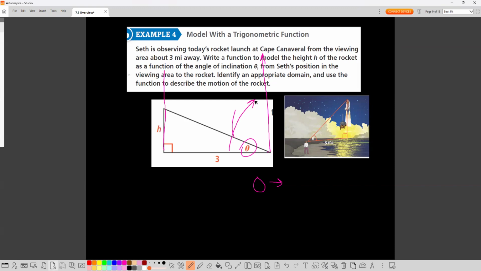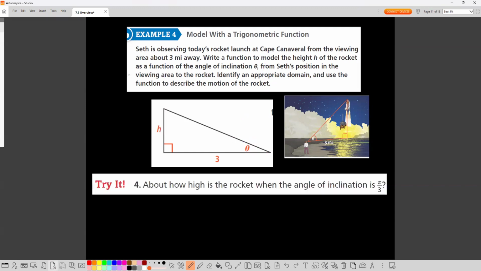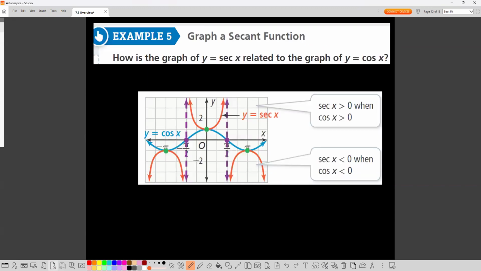And when it's up there super high, it might almost feel like it's directly overhead. And then identify the appropriate domain, and use the function to describe the motion of the rocket. So that's the basic idea of what you're going to work on in there.